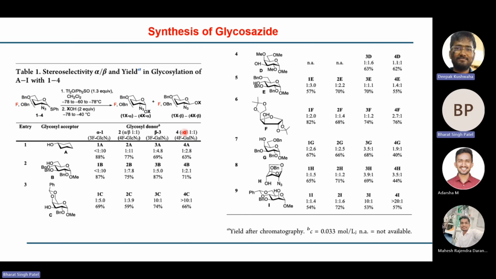Only when the acceptor is more nucleophilic are they getting beta more. Other than that, alpha is forming more if the acceptor is a poor nucleophile, and when the C4 and C3 fluorine is present. This value can be changed if the fluorine is changed with the other protecting group or the hydroxy group itself.